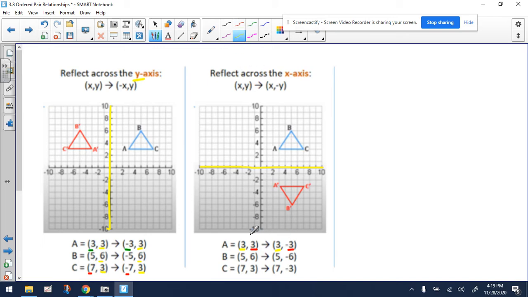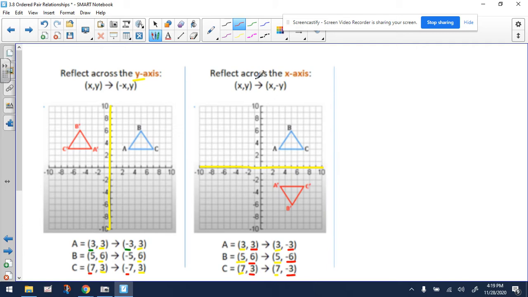The same thing would be true for point B. Notice that the x-coordinates are the same. It's the y-coordinates that have been changed to their opposite. The opposite of 6 is -6. And point C, if we take a look, the x-coordinates are the same. It's the y-coordinate that has been changed to its opposite. What's the opposite of 3? Well, it would be -3.